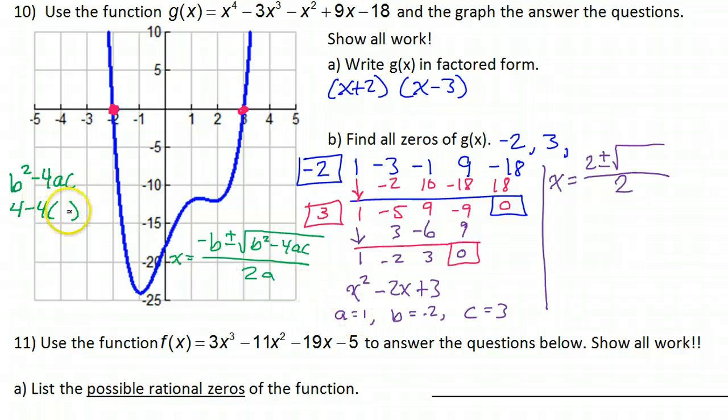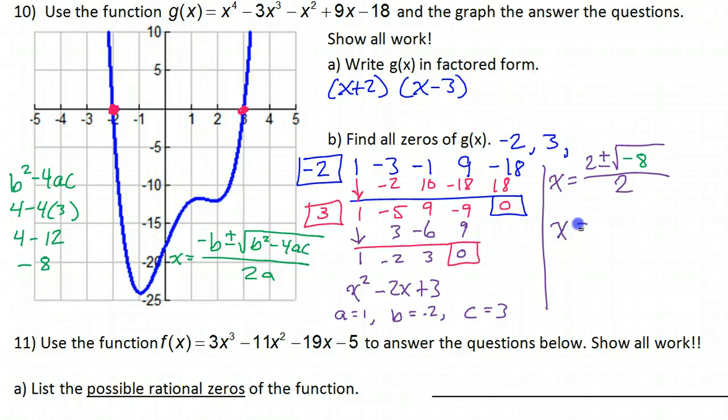A is 1, so I don't need to put it, so I go straight for the c, which is 3. So this is 4 minus 12, which is negative 8. We really didn't need a calculator for that. So that's where my negative 8 comes in. Now I just need to reduce this.